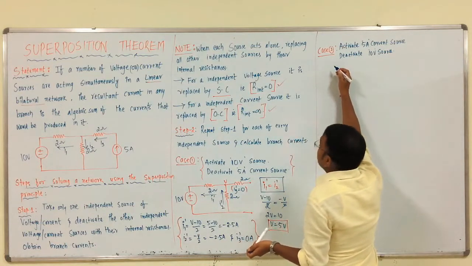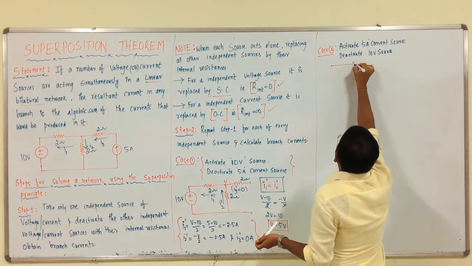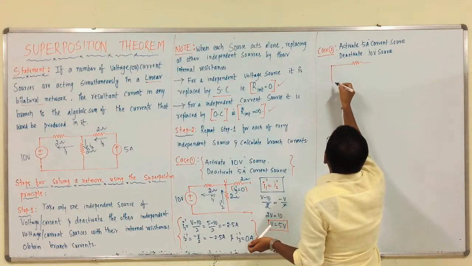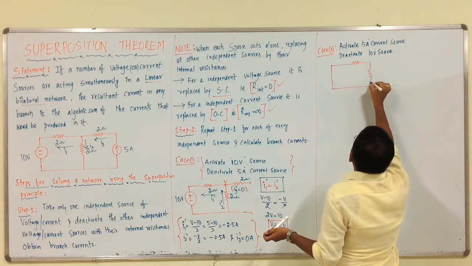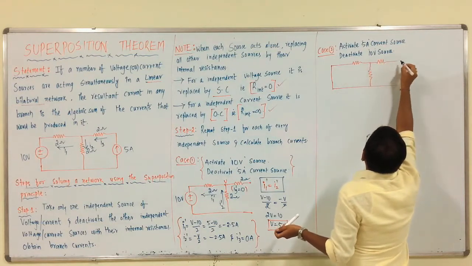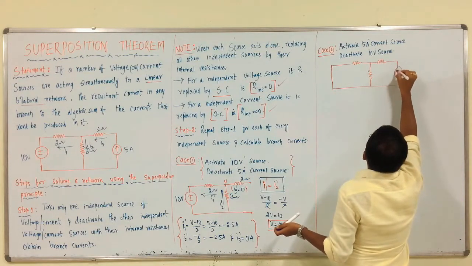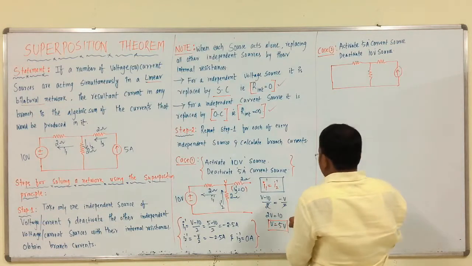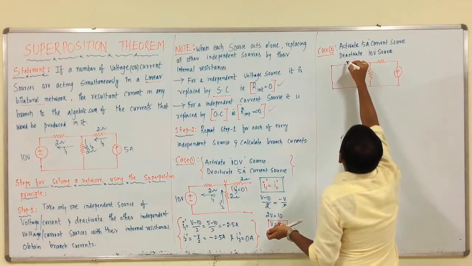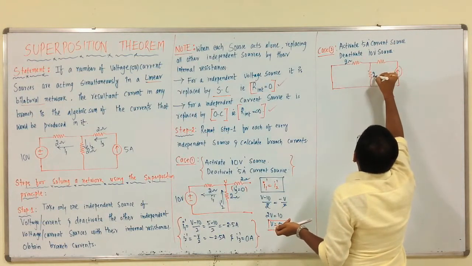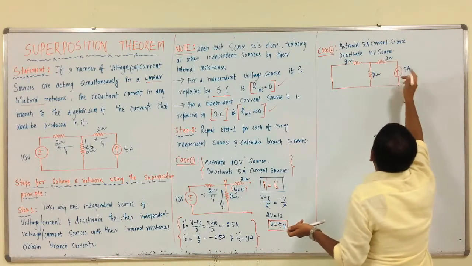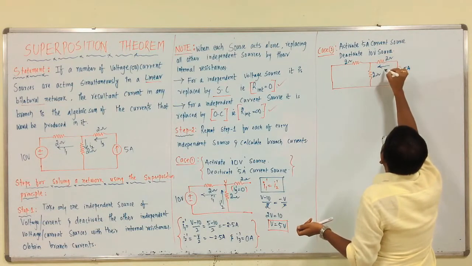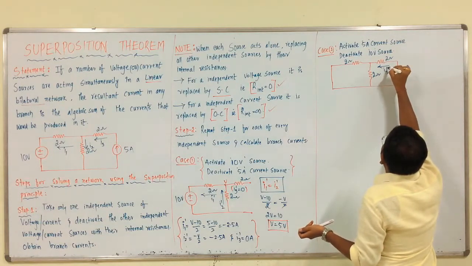So, the voltage source is short circuited. This is activated, so this is the 2 ohm branch, another 2 ohm branch, and this is the 5 ampere source. This direction is now assumed as I3 double dash.